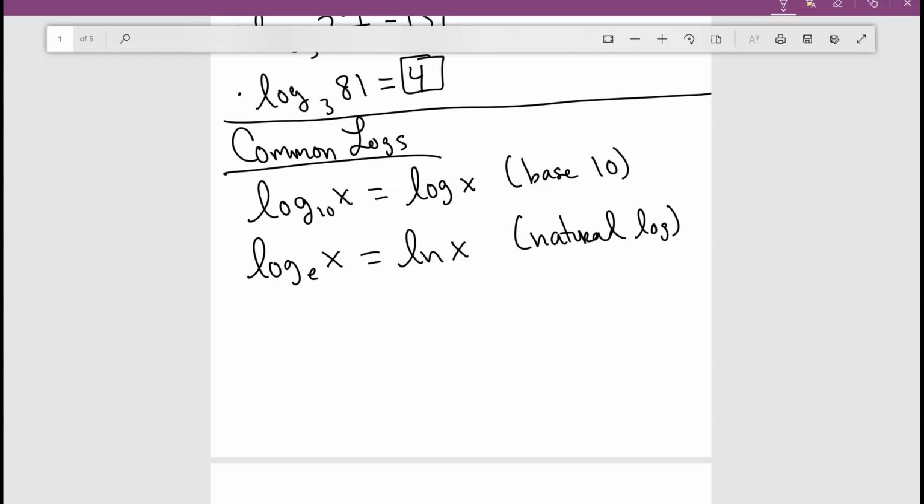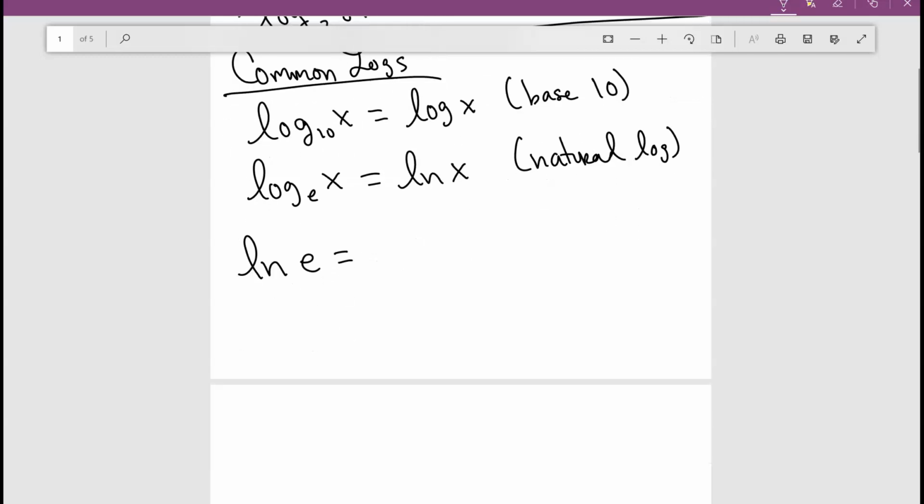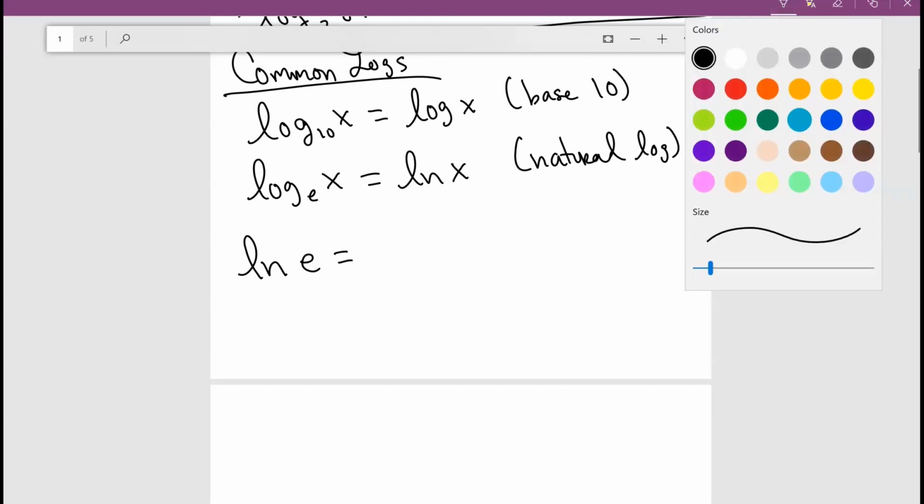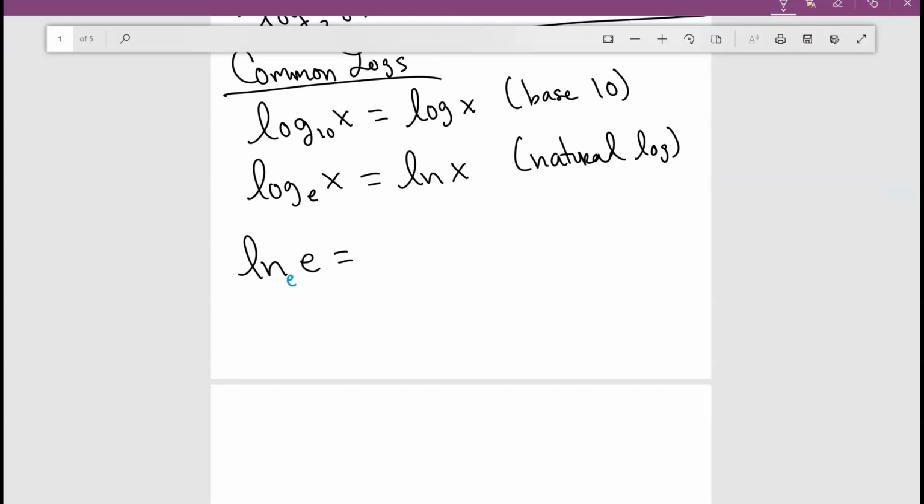So what do you think ln of e is? Well, remember, we don't write the base, it just means e. So basically there's an imaginary e in there. So what should I raise e to get another e? Well, that's easy. That's just 1, because anything to the power of 1 is just that same thing. So that's what that is.